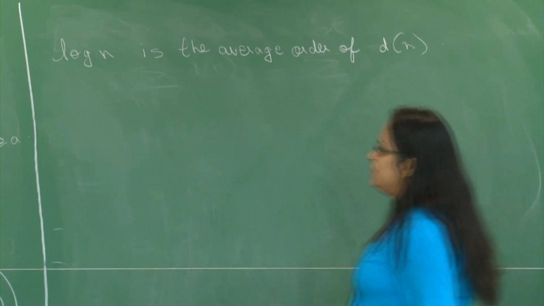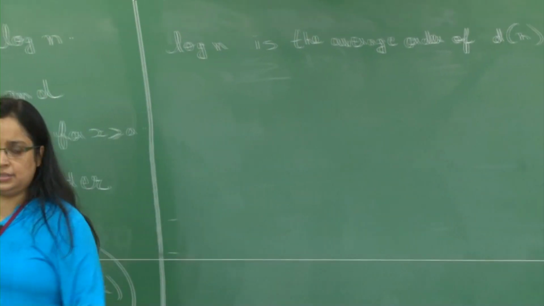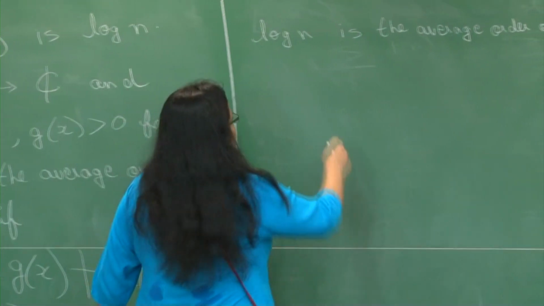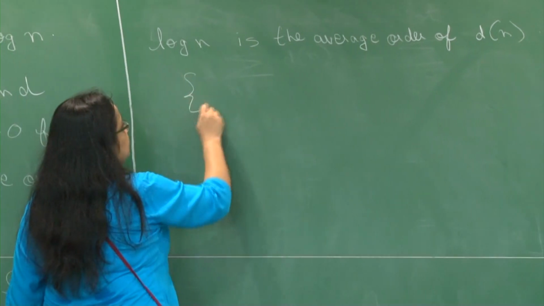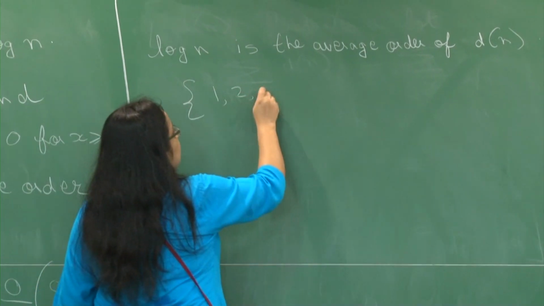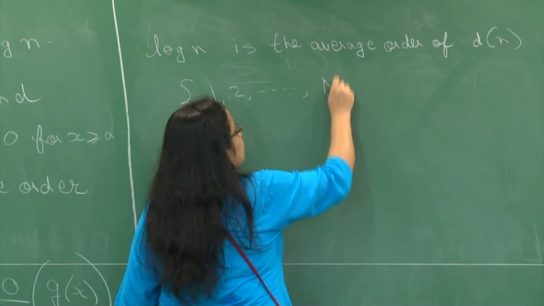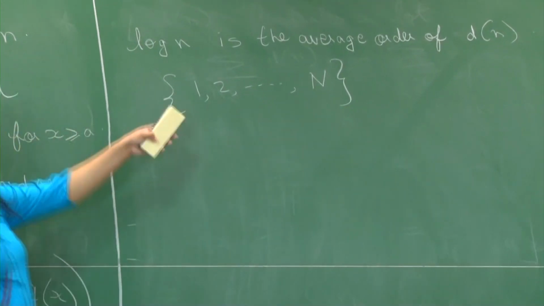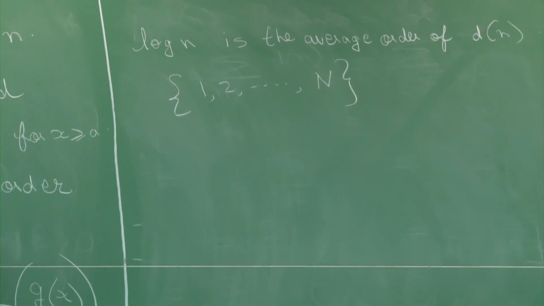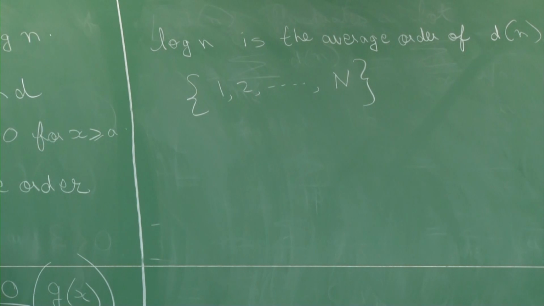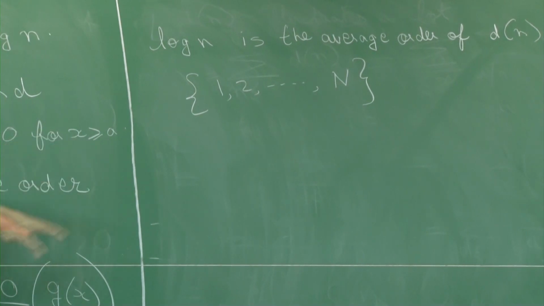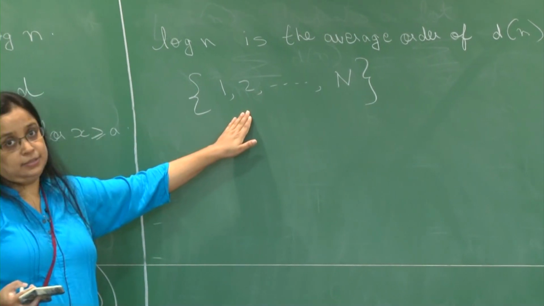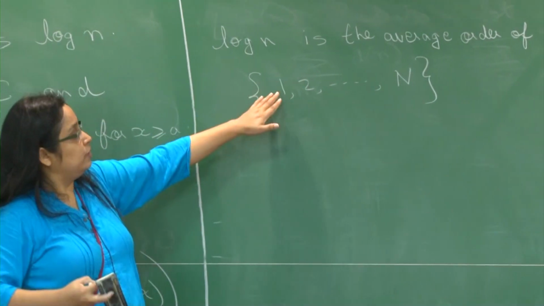There is a probabilistic way of stating this question. Suppose you have 1, 2 up till capital N, some natural numbers. Let us take a set and consider this set as a probability space.